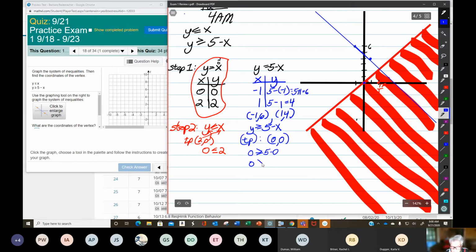So 0 is greater than or equal to 5. I don't think so. So 0, 0 gives me a false for the blue line. That means I shade in the other direction.